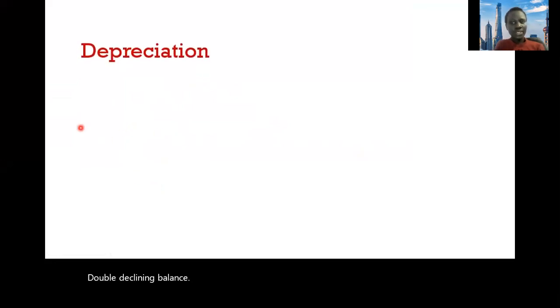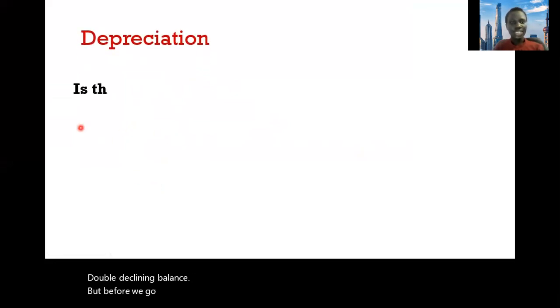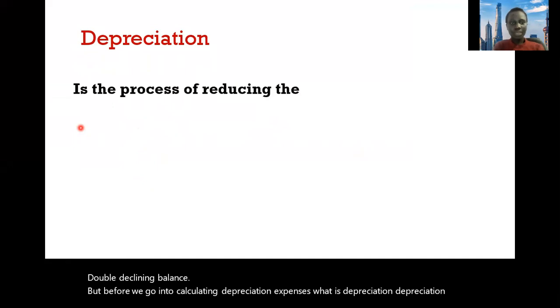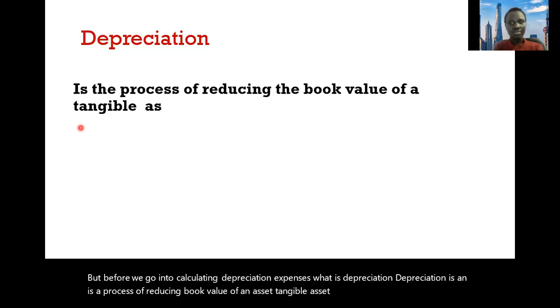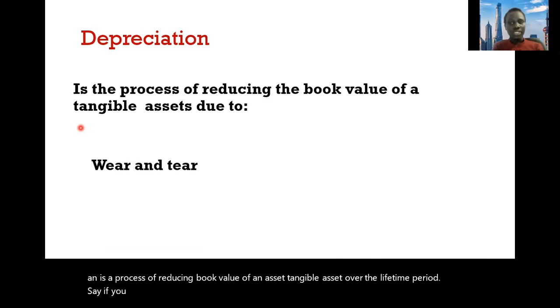But before we go into calculating depreciation expenses, what is depreciation? Depreciation is a process of reducing the book value of an asset, a tangible asset, over its lifetime. So if you buy an automobile, how much does it depreciate every year?